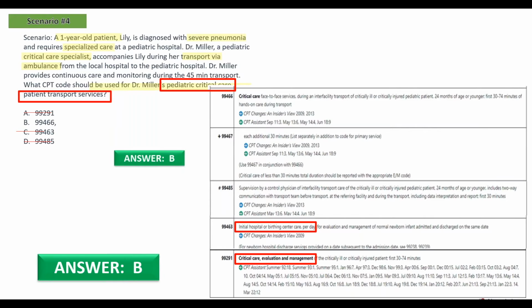And next comes option D, which is coding for supervision by a control physician of interfacility transport care of the critically ill or critically injured pediatric patient 24 months of age or younger. I see most of you got it wrong between option D and option B. So option D is coding for supervision by a control physician.